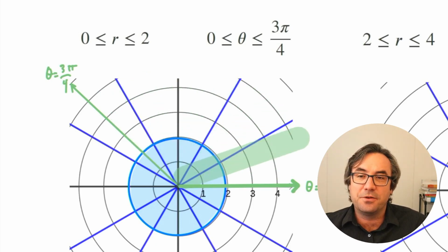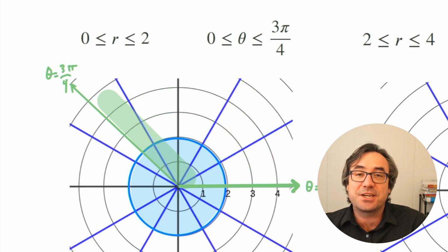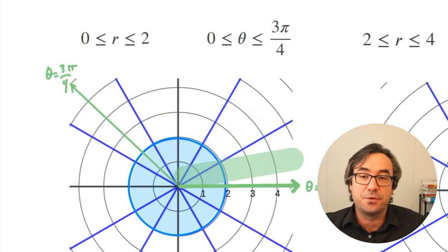So it's going to be all of that, that whole big wedge. But we only want the section that's inside that circle too. So we kind of want the intersection of both of the regions.